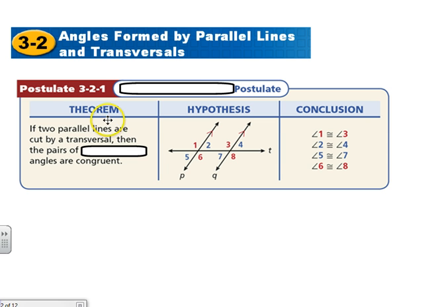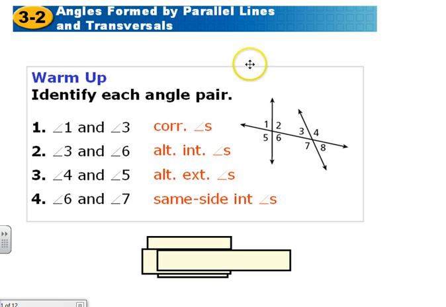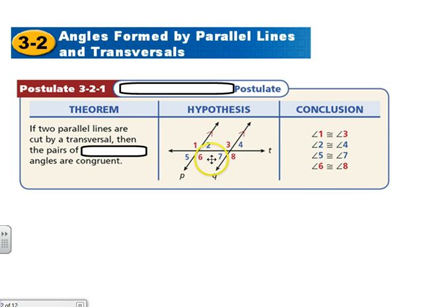What we're going to learn today is that when we have parallel lines, not only do we have the same relationships we talked about yesterday, which were corresponding, alternate interior, alternate exterior, and same side, but we also have some congruency, because the transversal, in this case transversal T, forms angles that are the same measure.